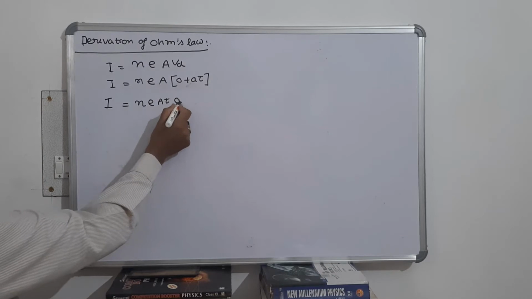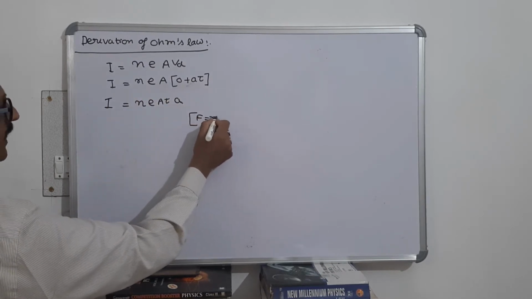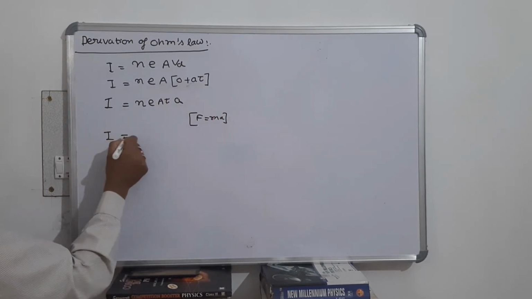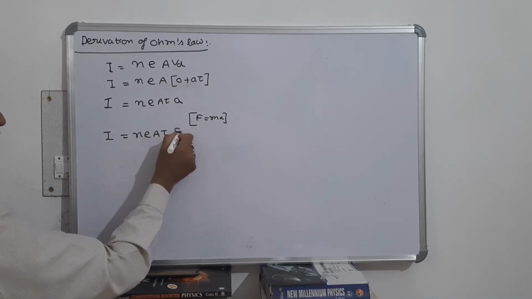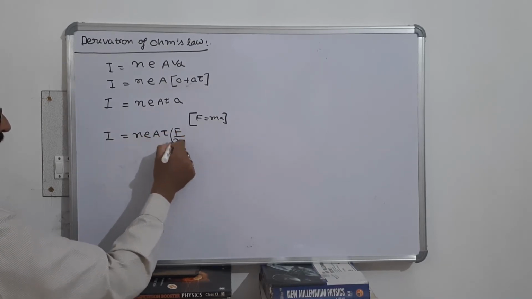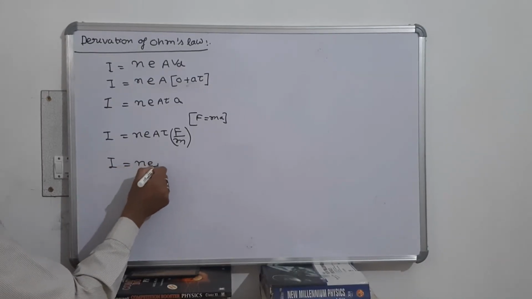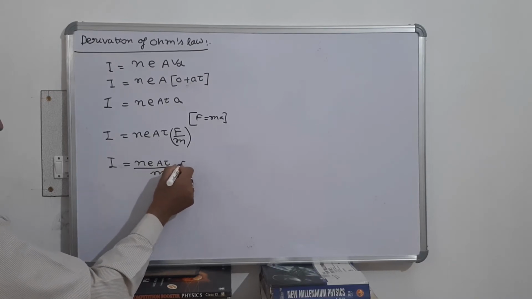Here a is acceleration, and from Newton's second law, F is equal to m a. Therefore, in place of acceleration, you can write force upon mass. Therefore, I is equal to n e A tau F upon m.